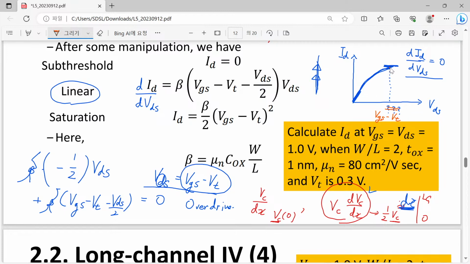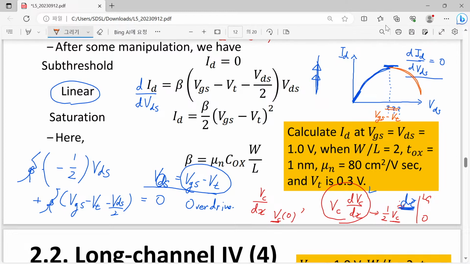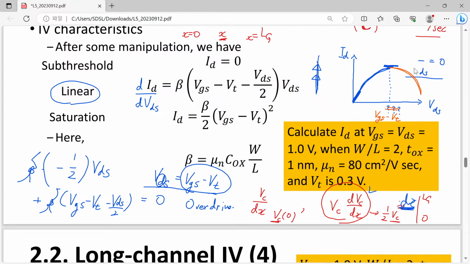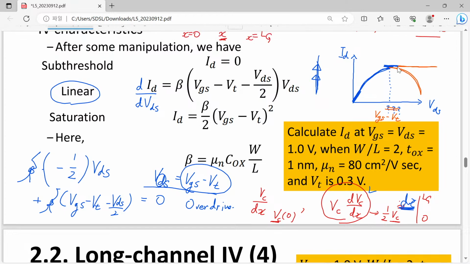However, that will give us a quadratic decrease. This is not physical at all, because when you apply higher and higher drain voltage, this model just predicts that your drain current starts decreasing. It's not. Actually, it is just saturated.